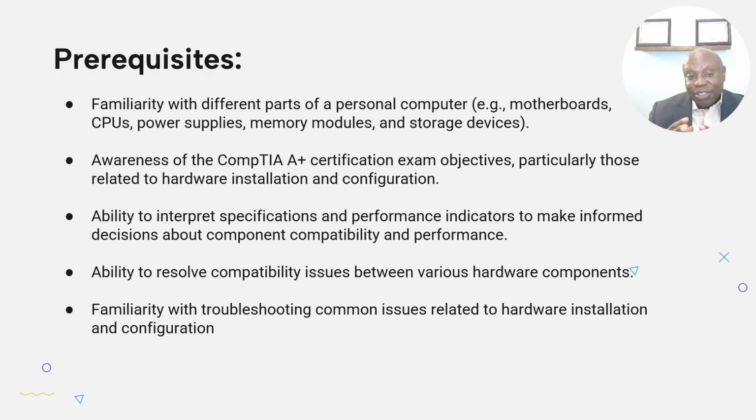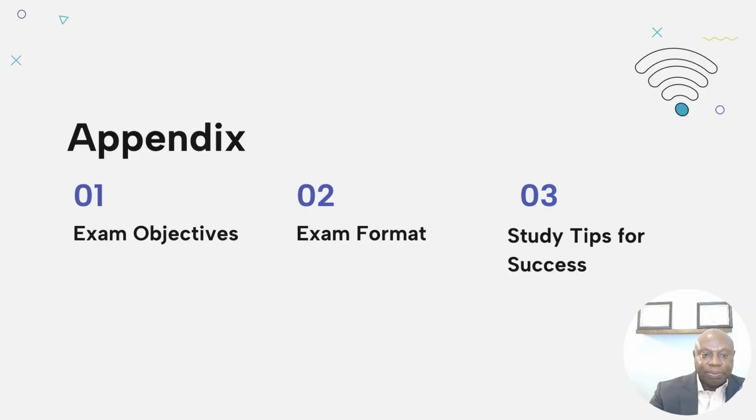The ability to resolve compatibility issues between various hardware components is very important, and be familiar with troubleshooting common issues related to hardware installation and configuration. These are prerequisites when you are attempting to sit for this exam.